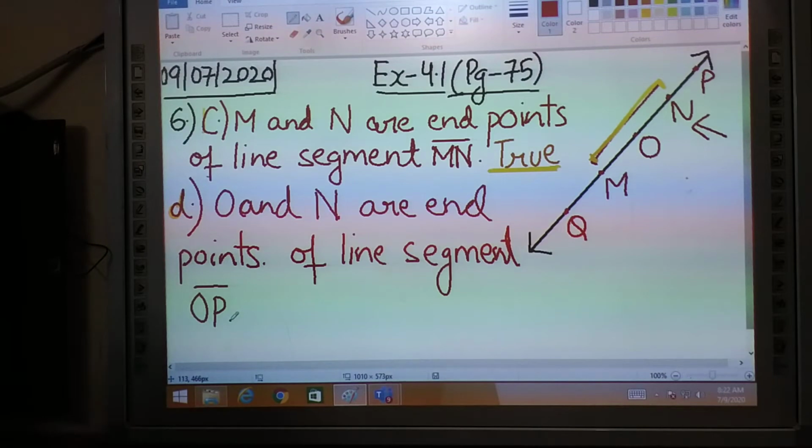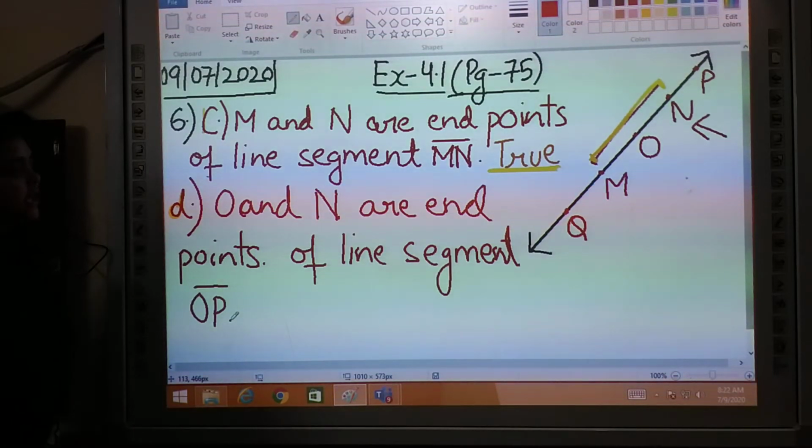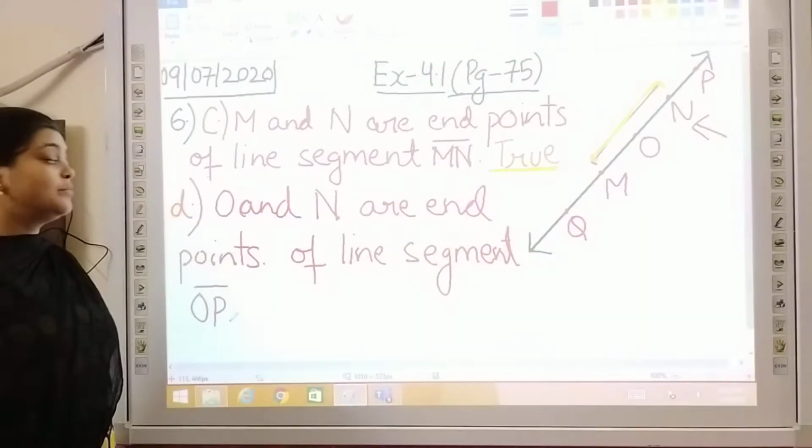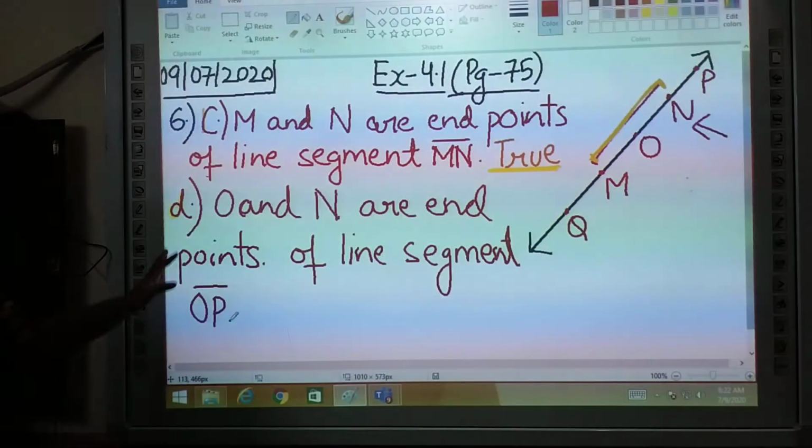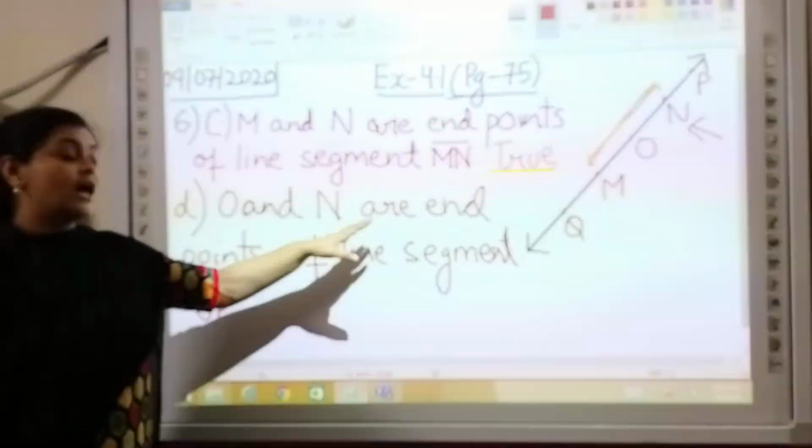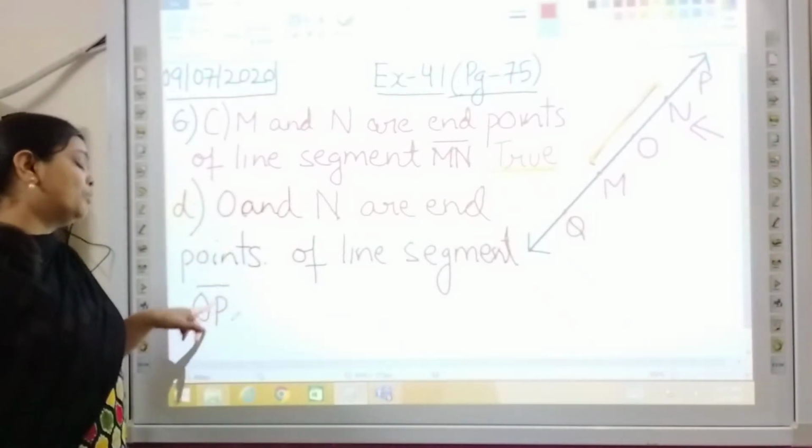So in this point, children, we are given 2 points, point O and point N. We have to mark whether these two are endpoints of line segment OP.